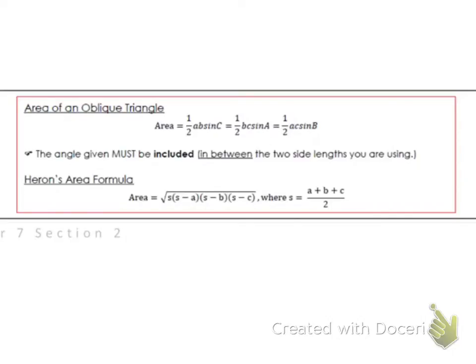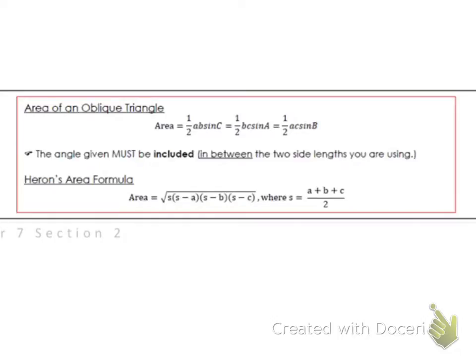So the area of an oblique triangle is going to be 1/2 side A times side B times sine C. So you basically take two sides, and then you take the angle of that third. So if it's A, B, C, it's B, C, A, it's A, C, B.